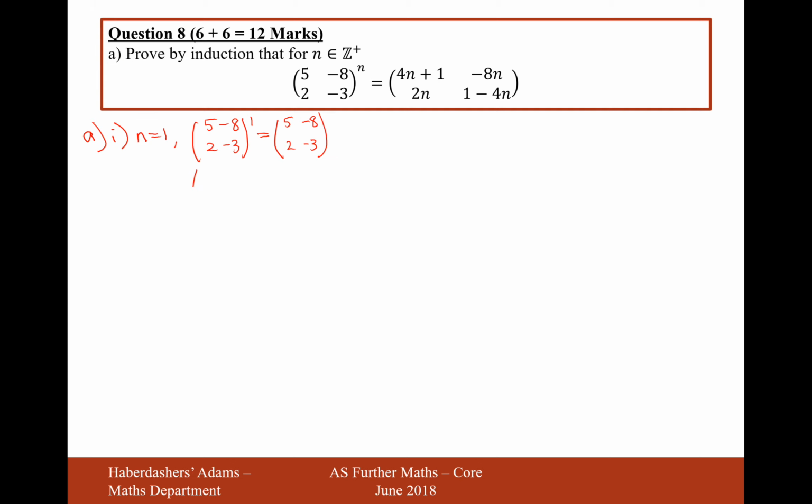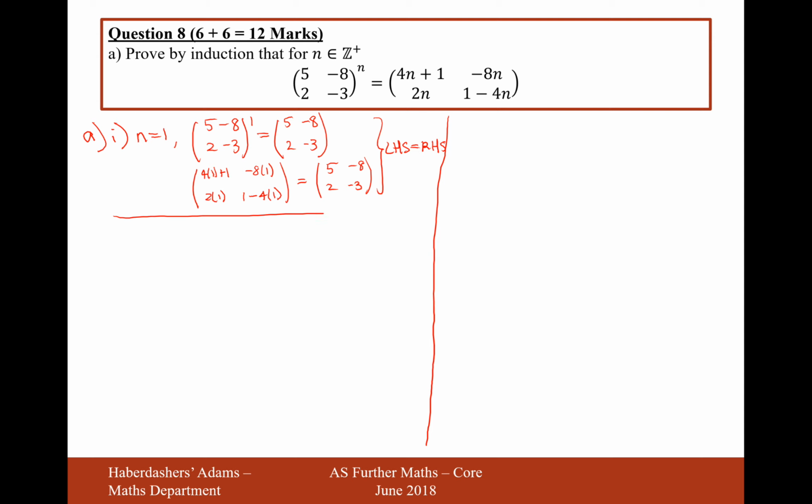And then if we do the same substituting in for this expansion here, so it would be 4 times 1 plus 1, minus 8 times 1, 2 times 1, and then 1 minus 4 times 1, that will give us as well (5, -8; 2, -3). So therefore, left hand side is equal to right hand side for n equals 1.